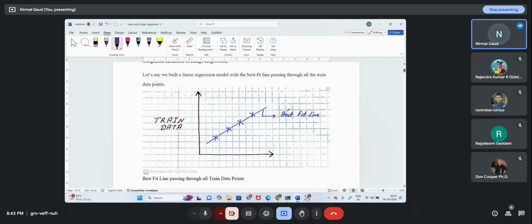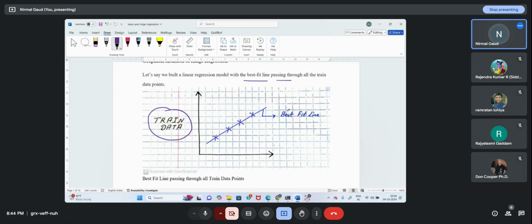If you see graphically, this is a best fit line. This graph is of a best fit line. We have training data. Yesterday also I asked between whom you are making this plot.